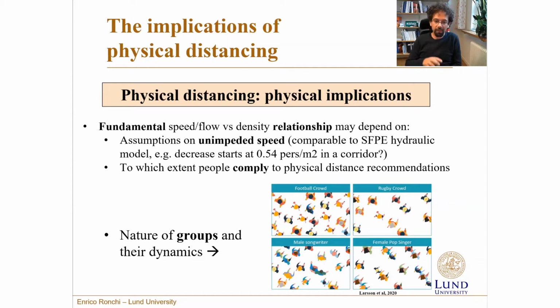And this can have a very big impact on crowd dynamics during COVID-19, because we assume that a group of people who come, let's say, from home or together to an event can be treated as a single entity. So we cannot just assume that people will all keep the physical distances, but the assessment of the nature of these groups and their dynamics, and how collision avoidance works, for instance, between different types of groups, is very important.